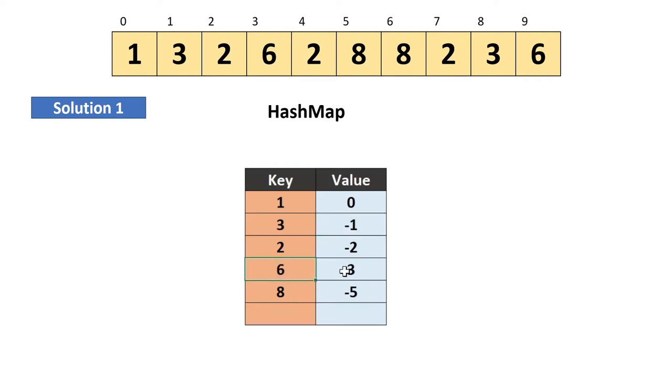Then 6 came, 6 is also repeating, that means we have to make it negative too. Now what will be our result? The result will be less than 0, meaning the negative number which is the highest negative number here. So if you check, -1 is the highest negative number. That means 3 will be our answer in this case.